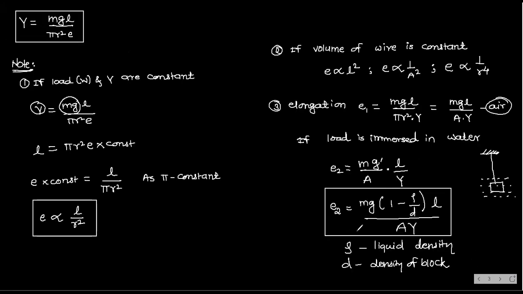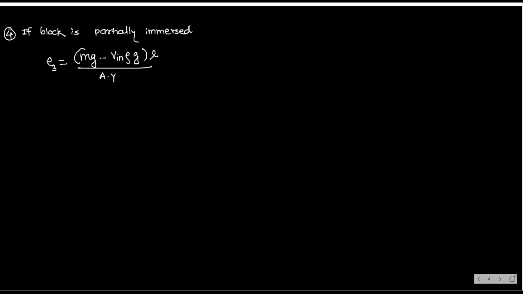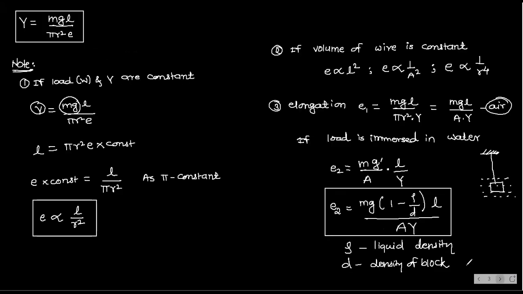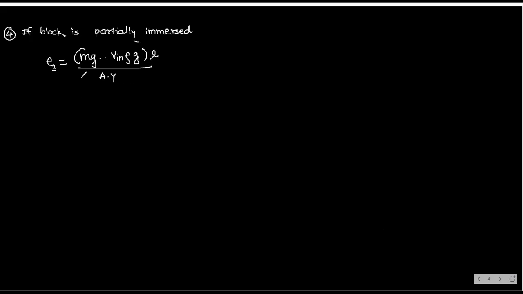Yes, right or wrong? This is already the formula we are having. This is weight into length by area into Young's modulus. Okay, this is what your elongation is when it is partially immersed.